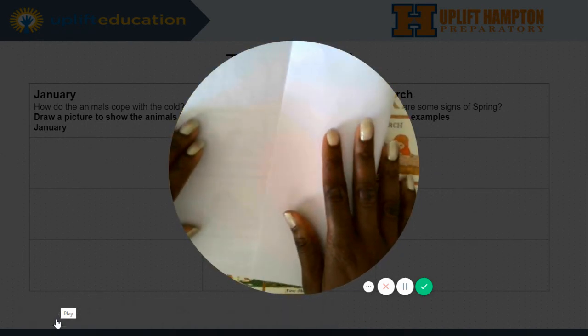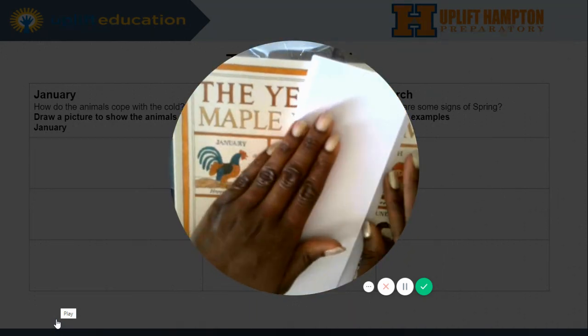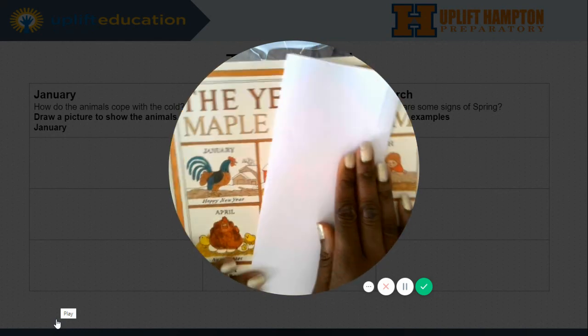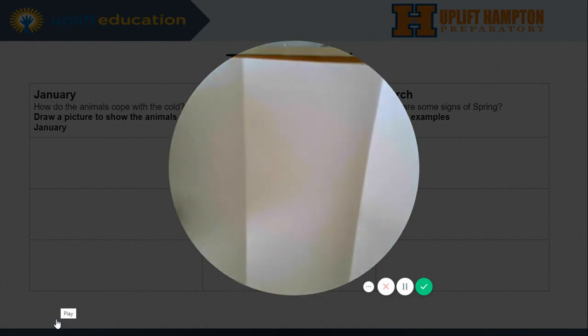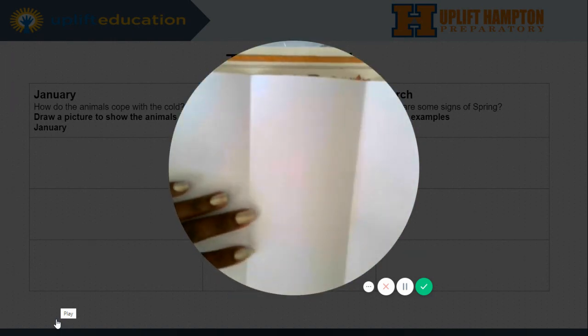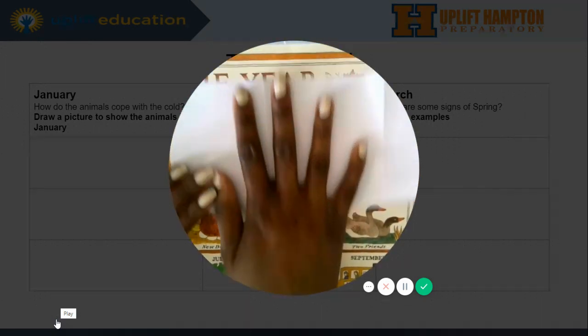You're going to fold it hamburger style. And then you're going to fold it hamburger style again. So when you open it up, your paper should look like this. You should have 3 long sides. And then you're going to flip it over and fold it hot dog style.